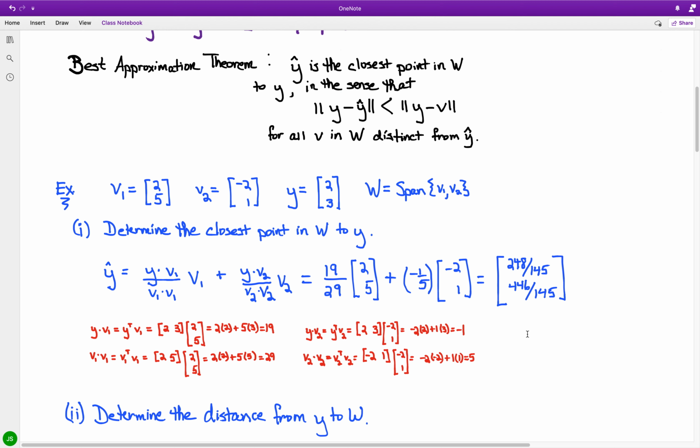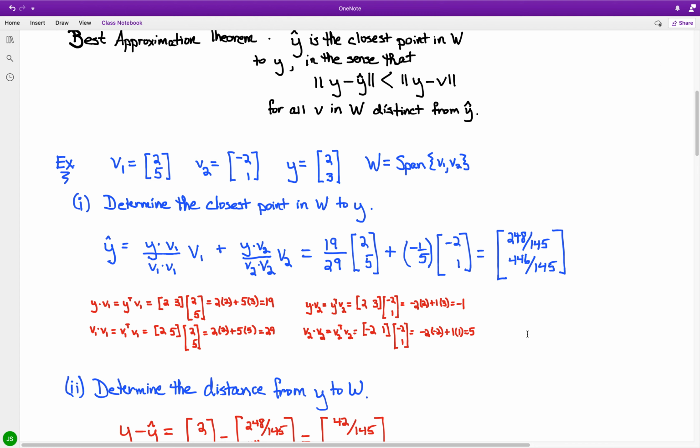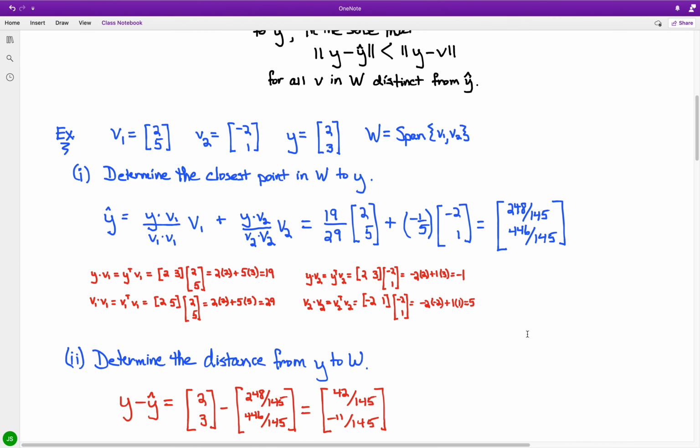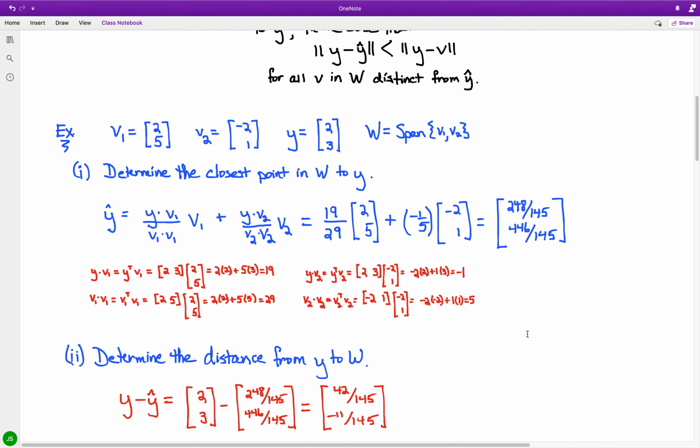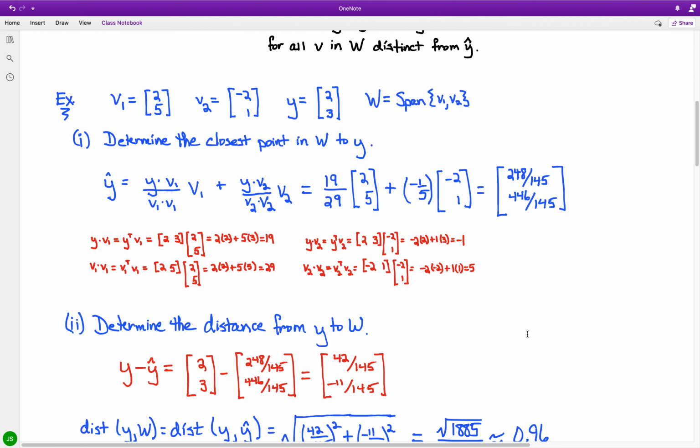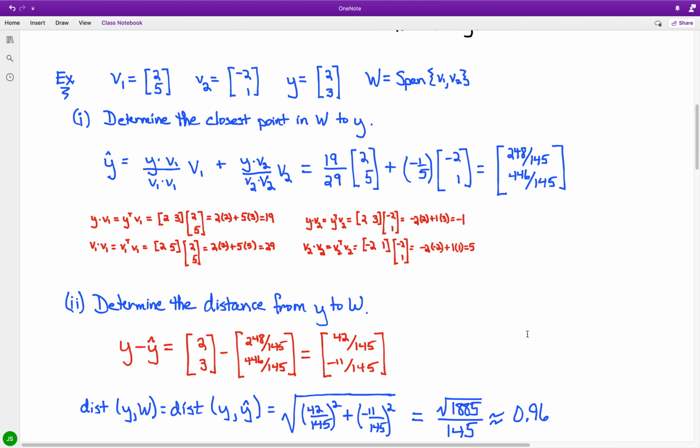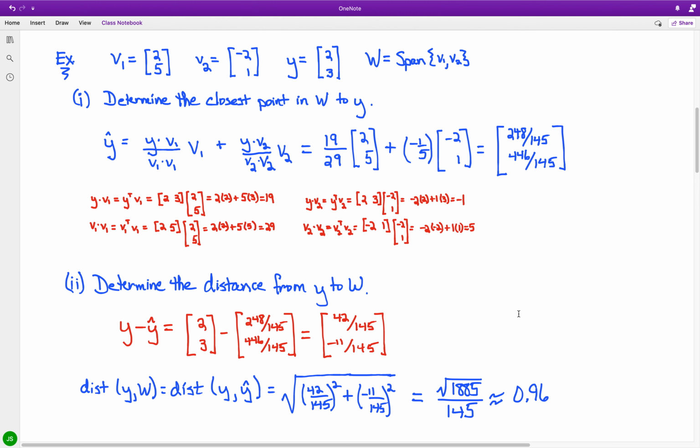If we look at determining the distance from y to W, again we have y minus the projection, and that represents the distance from y to W. So you have 2, 3 minus the projection vector, and for the difference this will end up at 42 1/45 and negative 11 1/45.